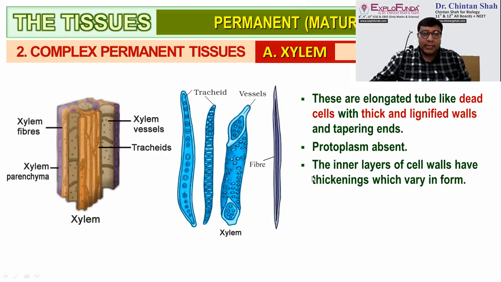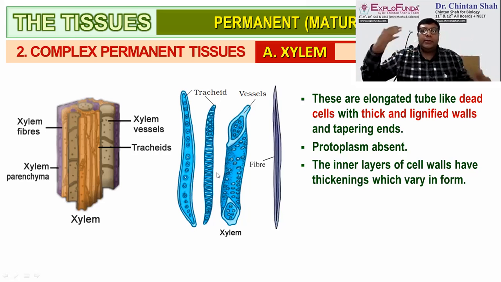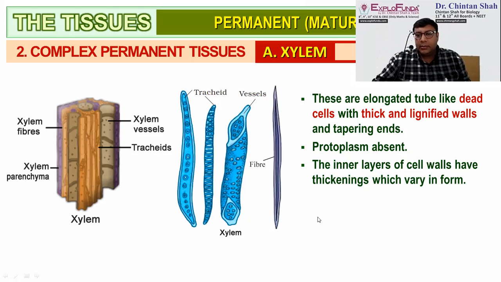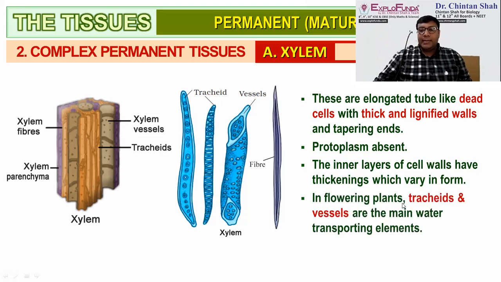So what are the variations? I said pitted, then bordered pitted, then annular, and then sclerified. I will show you some different forms. In flowering plants, tracheids and vessels are the main water transporting elements.